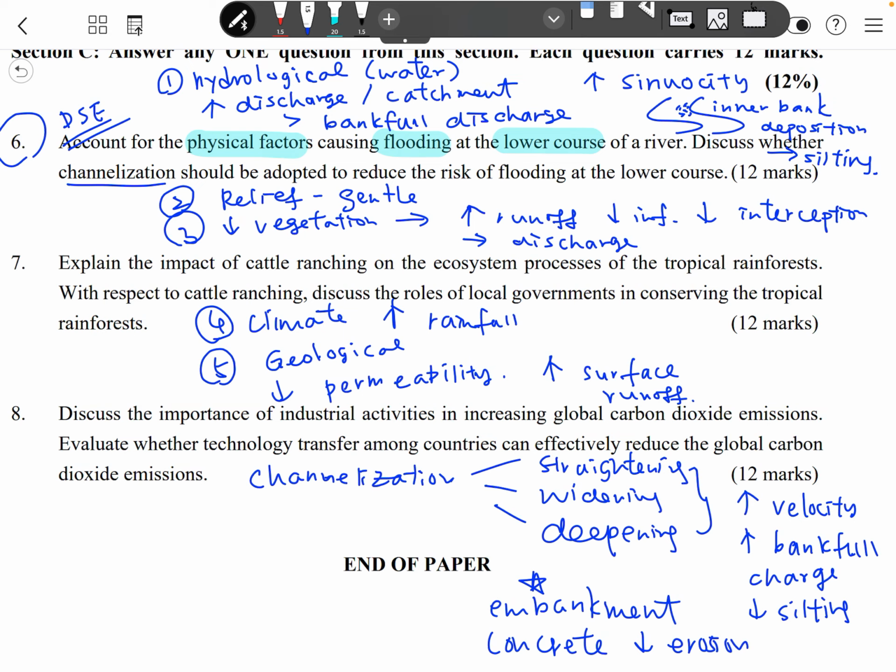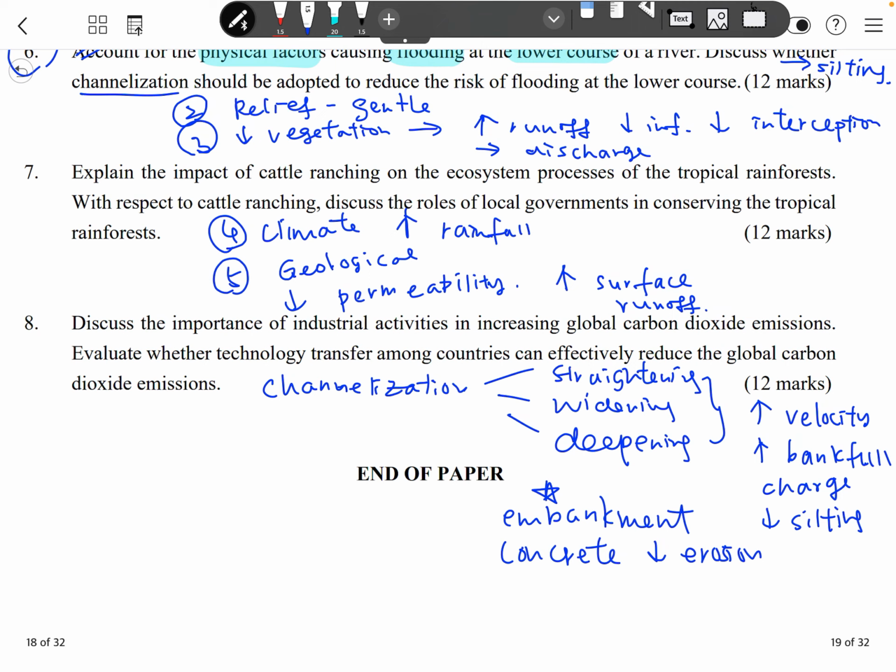This is the function, why we have channelization. Why it cannot help: we have some constraints.